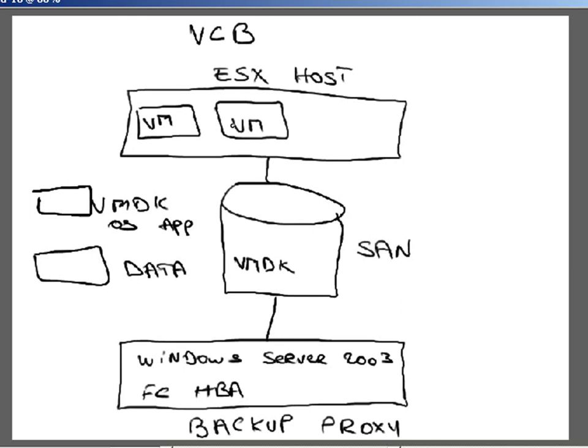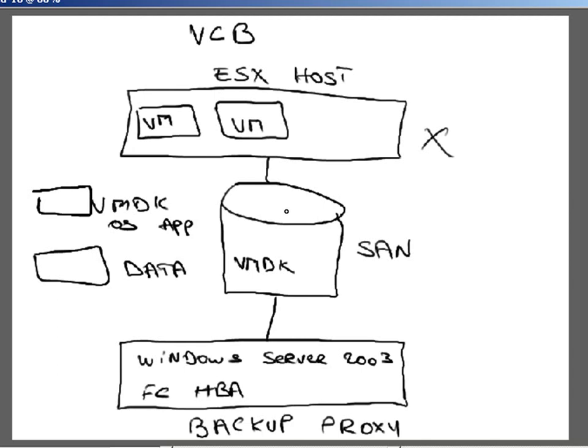So it would take the VM and the ESX host completely out of the picture. It's accessing those VMDKs and those files inside those VMDKs directly from the SAN. So it's taking upon itself the strain of the backup, and relieving the ESX host and the VMs from any performance degradation that can be affected from backups.